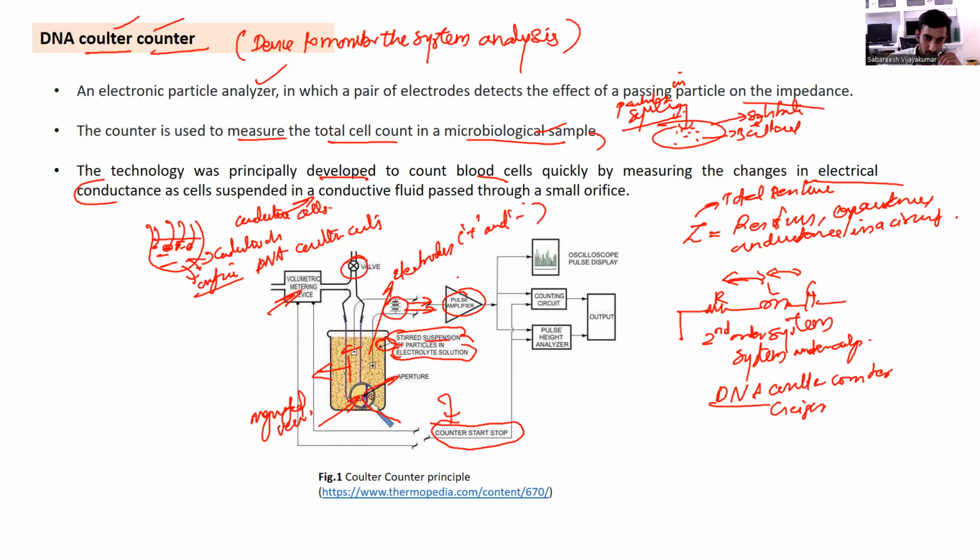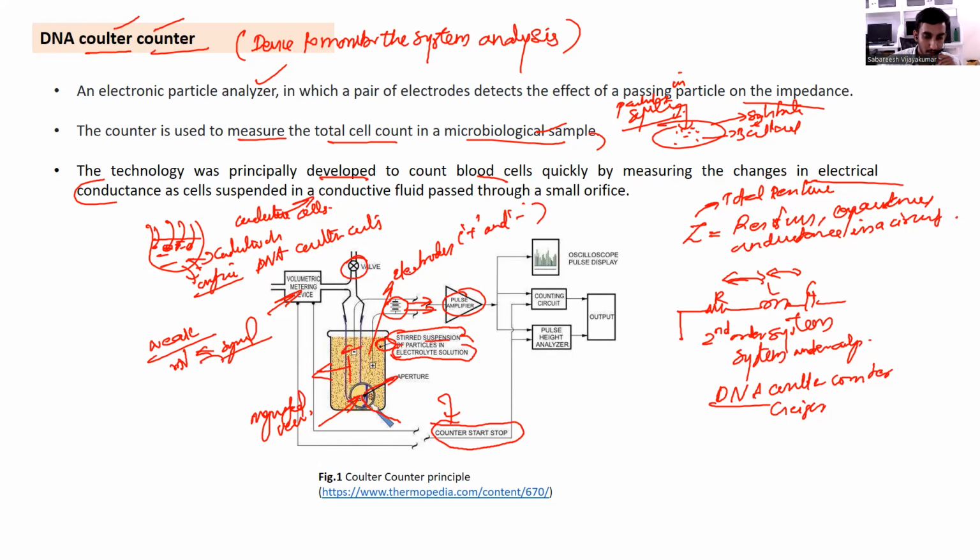The signals coming from this system are very weak, in the range of several millivolts. If some kind of noise interferes, it will disturb the input signal. So in order to avoid that, we use a pulse amplifier to amplify the signal.